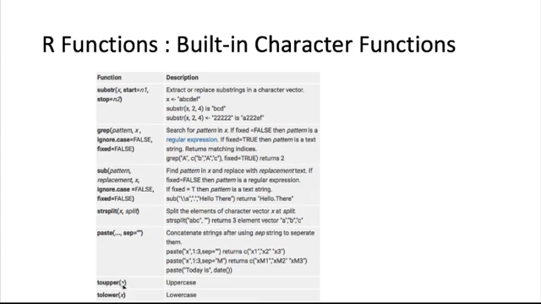You specify toupper, you provide the argument, which is the string that you want to convert, and you get a result of the letters converted to uppercase. Again, this list is by no means exhaustive of all the built-in character functions in R, but it's just an example. Here I show you an example of converting text to uppercase.